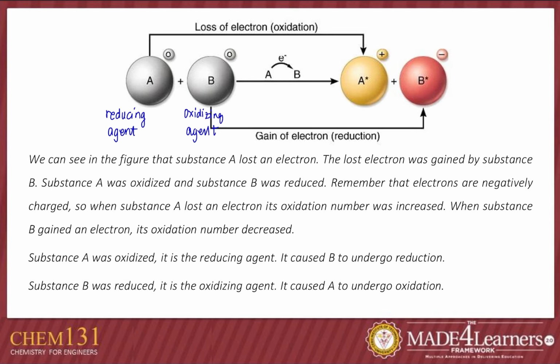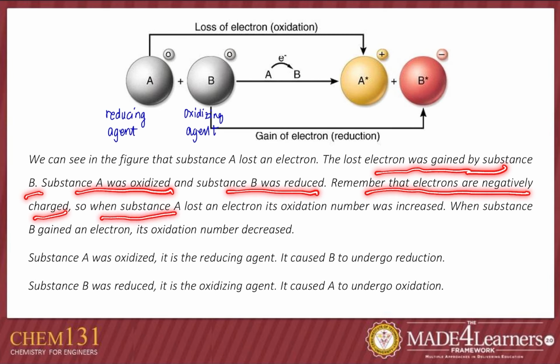And again, reduction and oxidation, they always go together. So, the electron lost by A was gained by substance B. Substance A was oxidized and substance B was reduced. So remember that electrons are negatively charged. So when substance A lost an electron, its oxidation number increased.